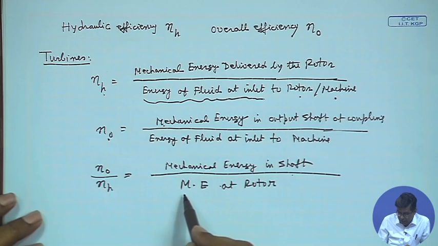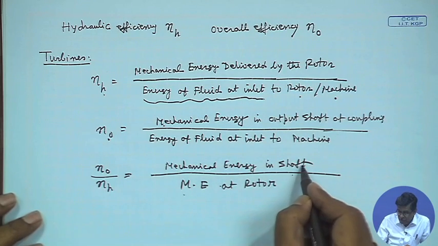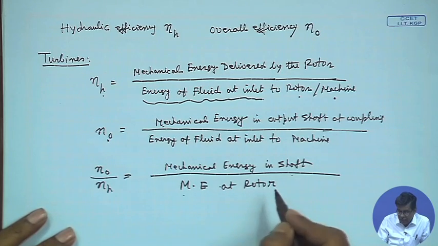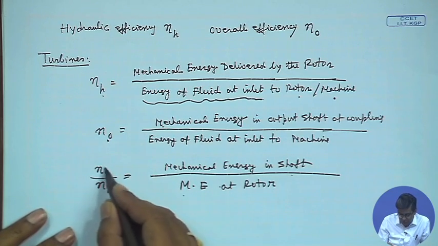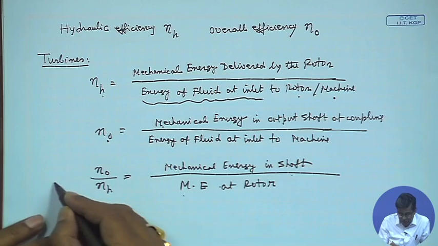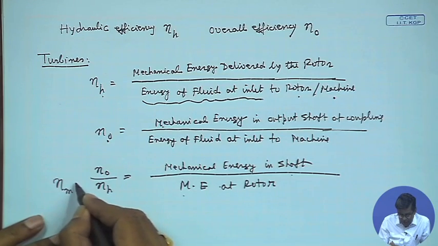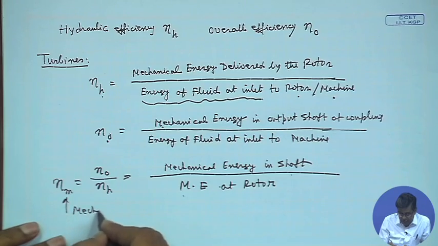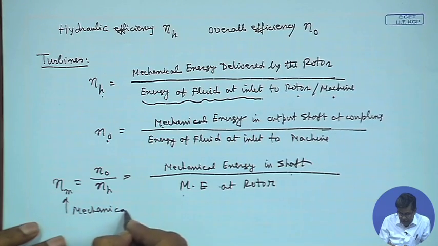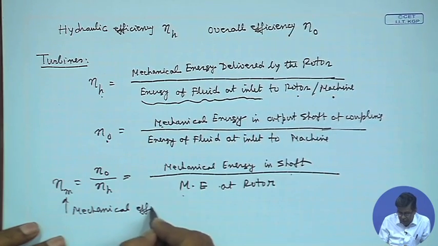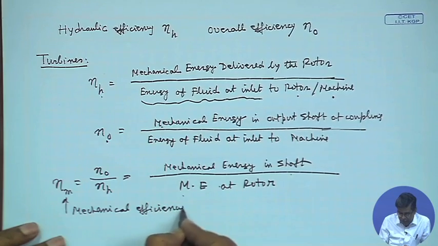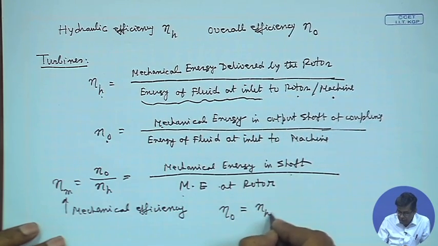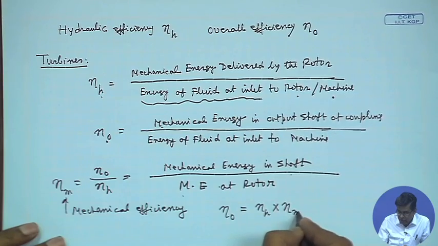That means overall efficiency divided by hydraulic efficiency is the mechanical energy in the output shaft divided by the mechanical energy delivered by the rotor, and this is always less than the rotor energy because of the mechanical friction in glands, bearings and couplings. So, therefore, this ratio is always less than 1, and this is defined as mechanical efficiency, eta m. Hence we can write the overall efficiency is hydraulic efficiency into mechanical efficiency.